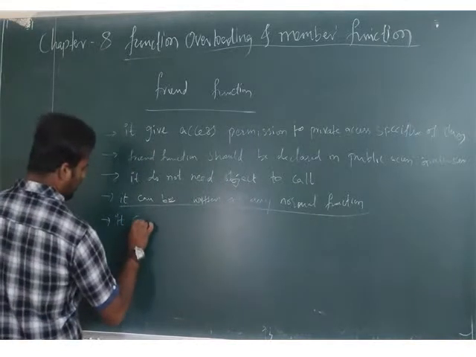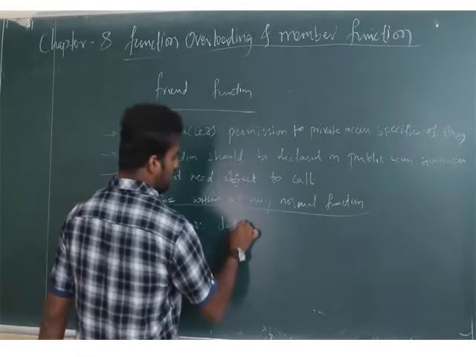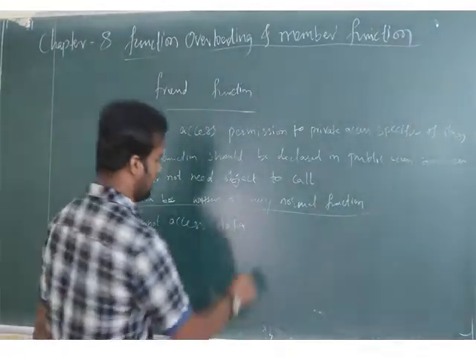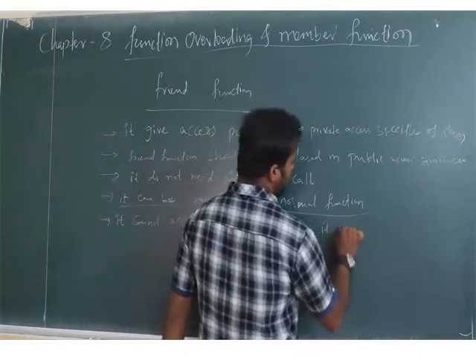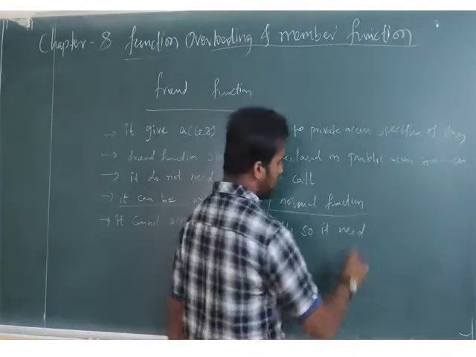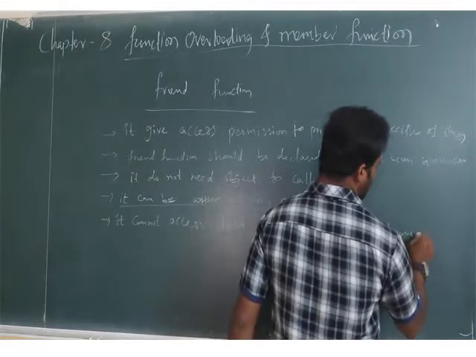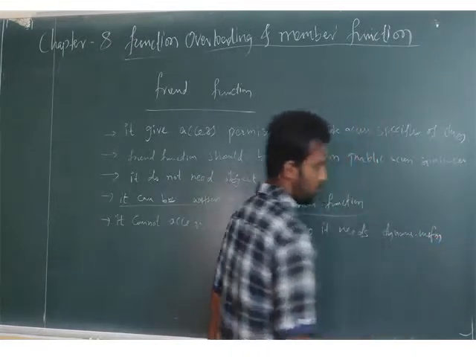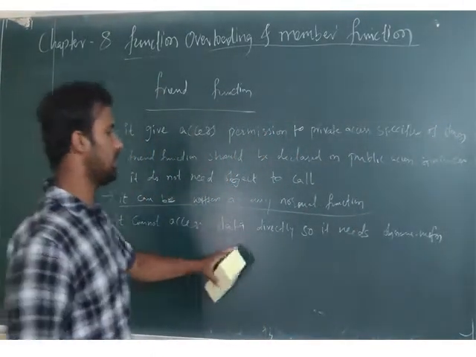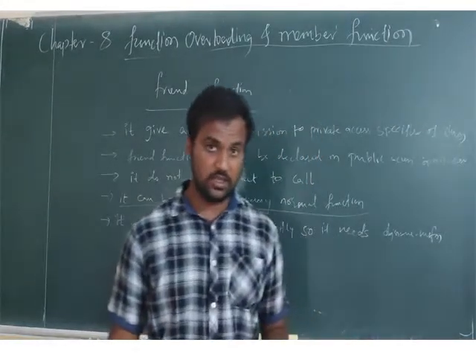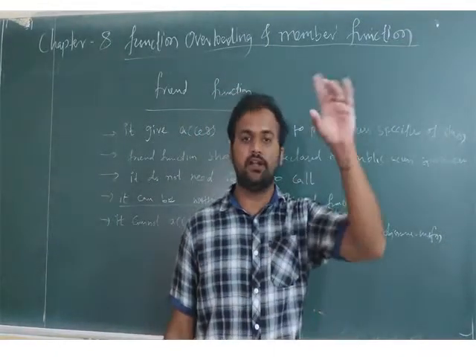Next, it cannot access data directly. So it needs object name dot member function name. What it means is object name dot member function name. It cannot access data directly. Whenever we are using a friend function, compulsorily we are going to write it in a class.